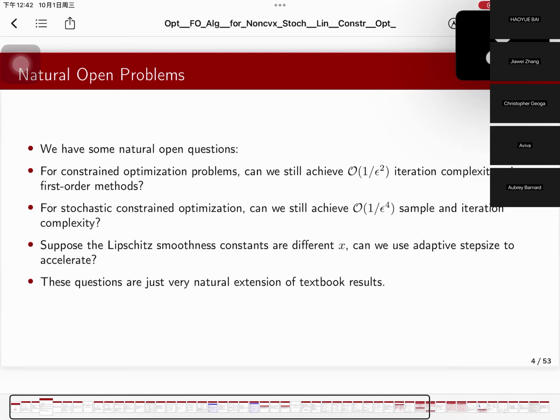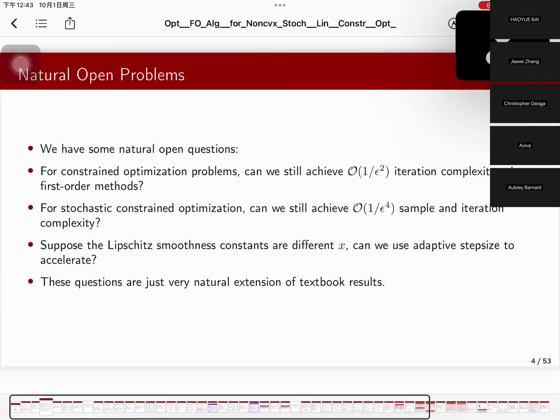Okay, so corresponding to the previous convergence results for GD and SGD, we have natural open questions. The first two questions are, for many practical problems, we have constraints. Like for many engineering and machine learning applications, we have constraints for the optimization problems.